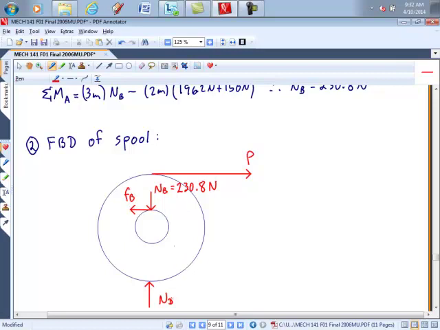Okay, which direction is the friction force? It's going to be to the right. Think of a bicycle wheel, right?